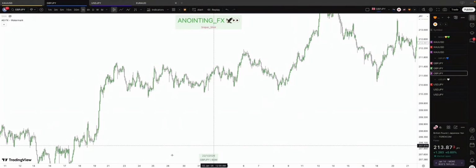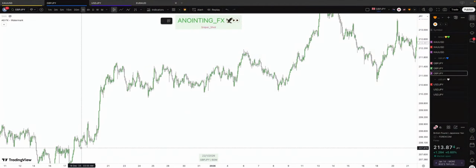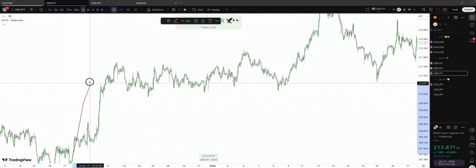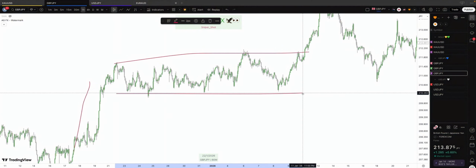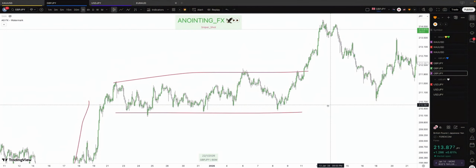Okay, so you can see that we had an impulsive movement to the upside from this direction. Then price consolidated all this way in a range market, and then afterwards price broke to the upside.